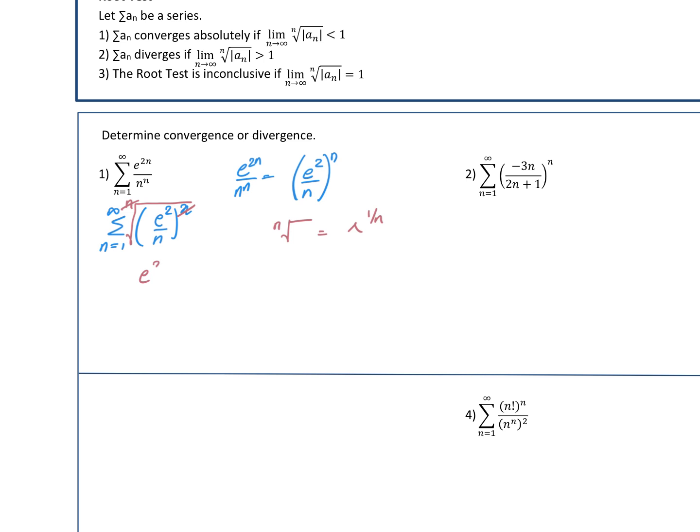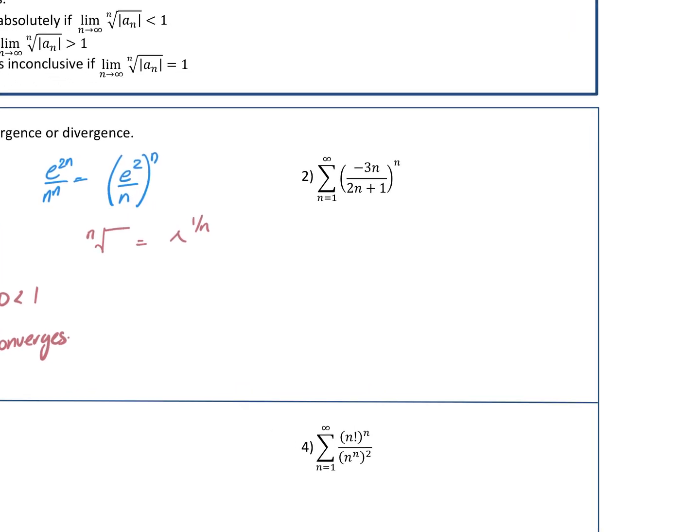So we get e squared over n, and we're going to do the limit as n goes to infinity. e squared is just a constant. It is not exponential. e squared is a value. Plug in here, we get 0. 0 is less than 1, so this converges.